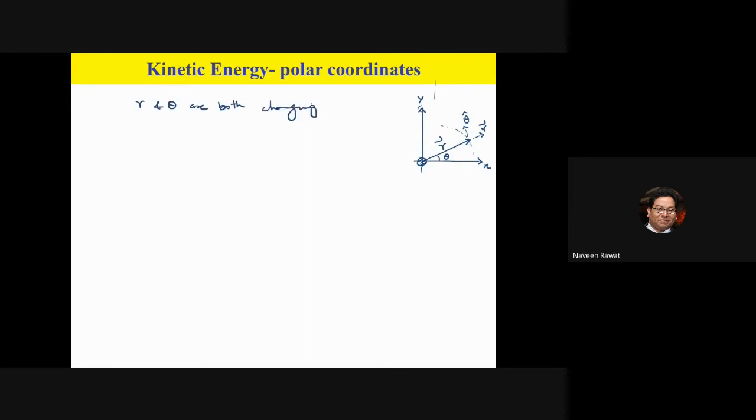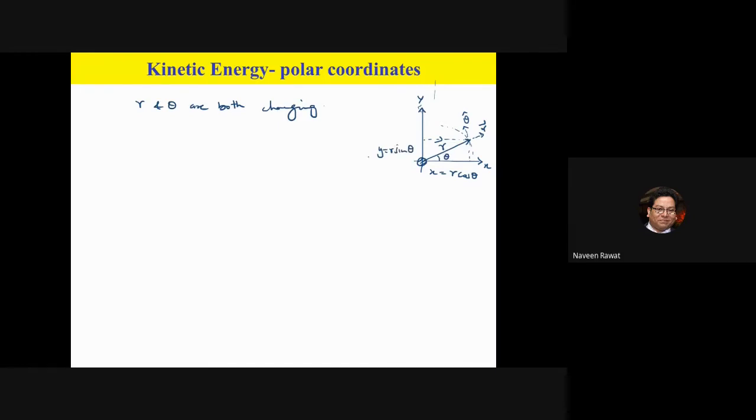That is my scenario when I'm considering polar coordinates. Of course my x coordinate will be r cosine theta, and my y coordinate will be r sine theta. That's just trigonometry.